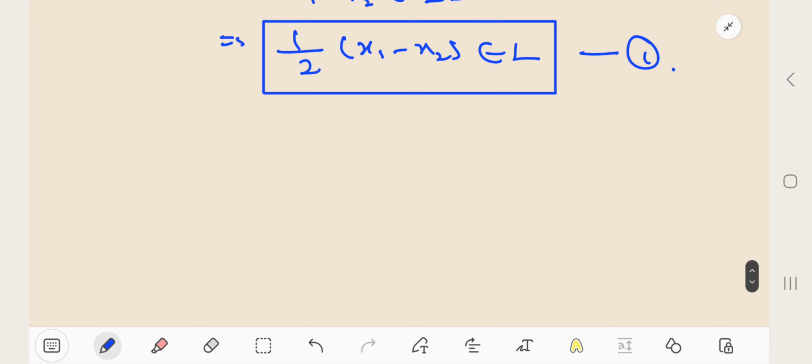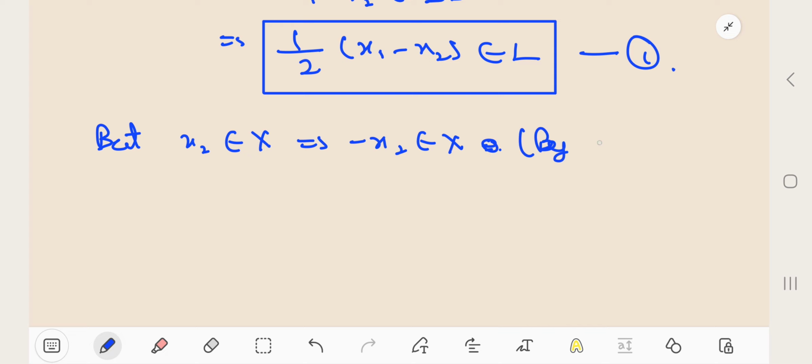We are almost at the verge of ending the proof. We know that x2 is coming from X, which implies minus x2 is also in X, by symmetry.